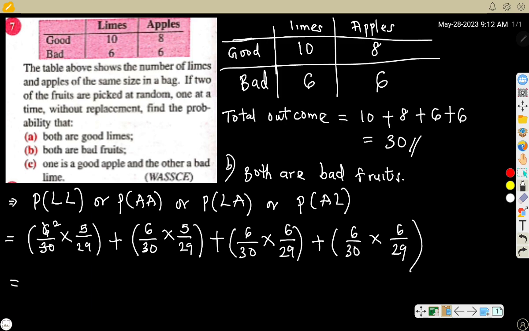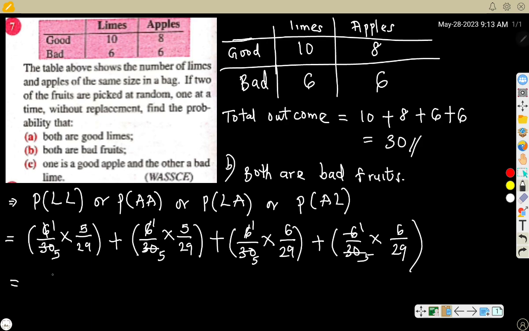Let's use 6 straight: 6 here 1, 6 here 5. I won't cancel the other one because I want the denominator to be the same. So I'll just multiply straight because I want the denominator to be common.